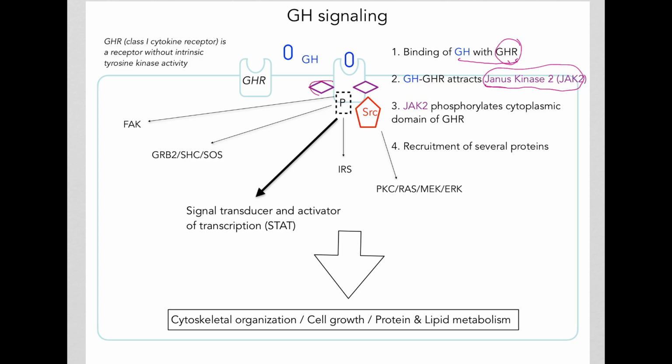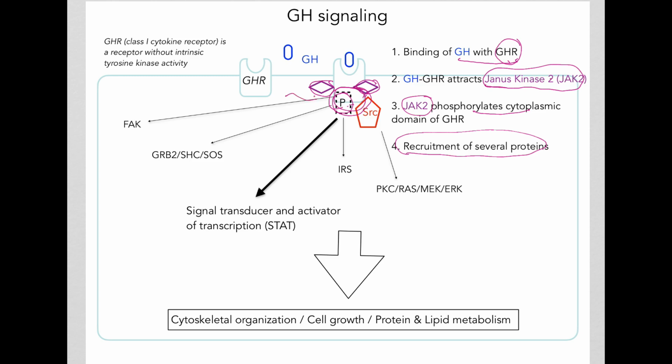So this protein will come and bind to the GH-GHR complex, and then this protein, which is a tyrosine kinase, will now phosphorylate the cytoplasmic part of the receptor. So this cytoplasmic part will be phosphorylated. That means a lot of negative charges here. And this increase in negative charges at the cytoplasmic domain of this receptor is going to lead to the recruitment of several proteins.